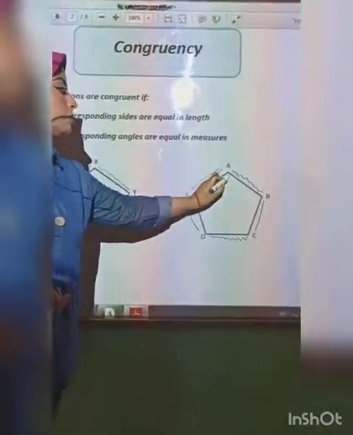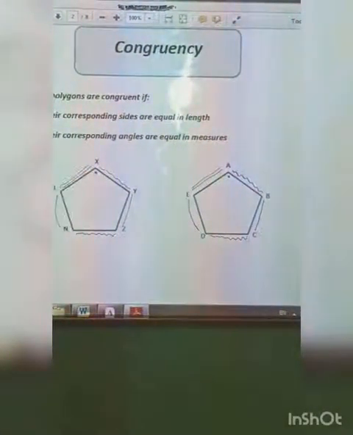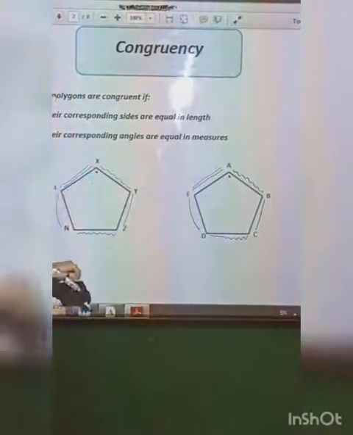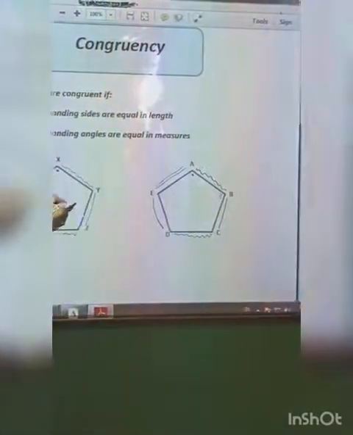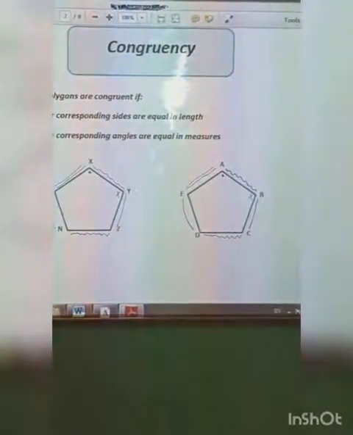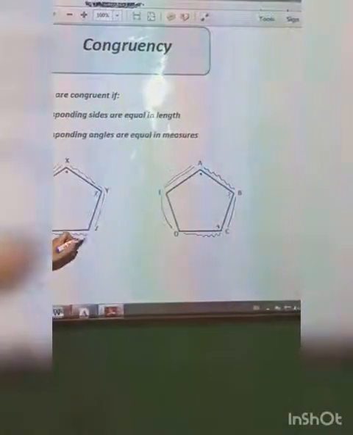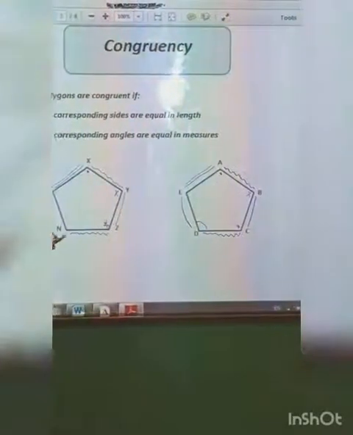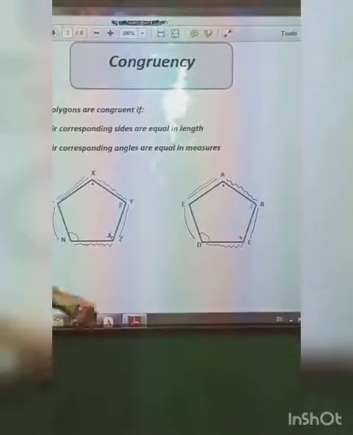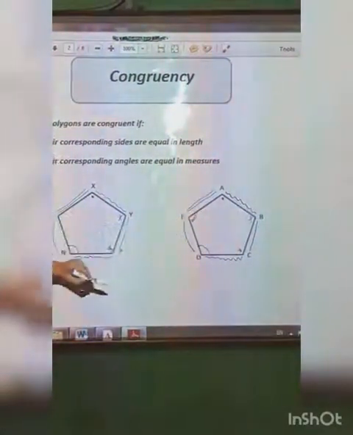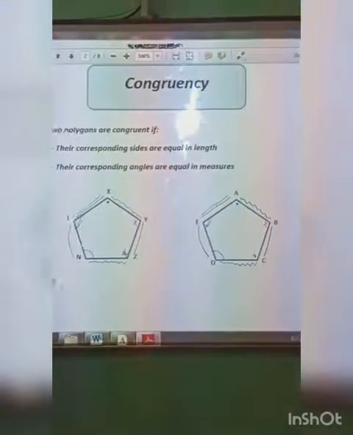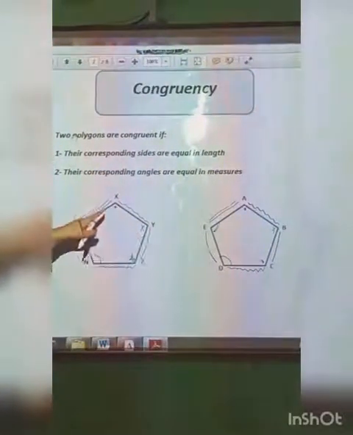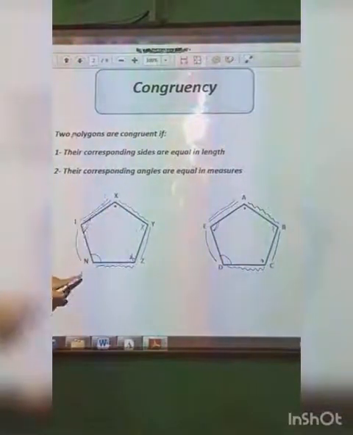Angle A should be equal to X. If I have that angle A equals in measure the angle X, and the angle B equals the angle Y, the angle C equals the angle Z, and angle D equals the angle N, and the angle E equals angle L, so I can say that the polygon ABCDE is congruent to the polygon XYZNL.